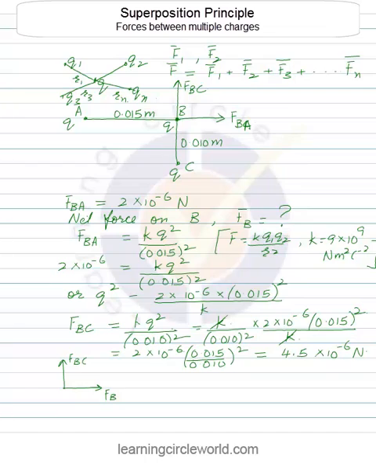If we have to find the net force, in this case these two forces are perpendicular to each other, so this diagonal will indicate the force FB.